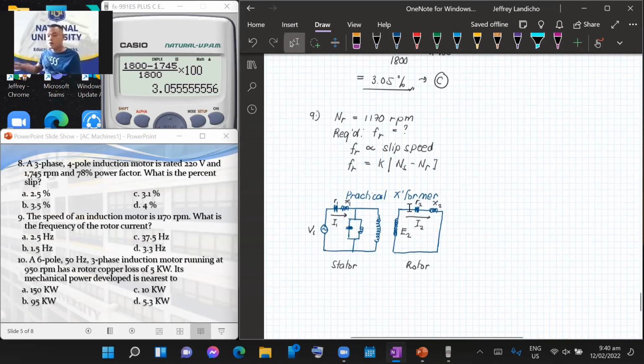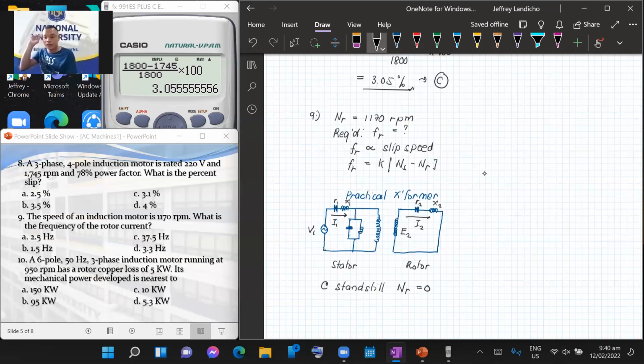So let us go back dun sa ating induction motor. Puntahan natin kung ano ang kanyang behavior. So let us consider at standstill. At standstill, ibig lang sabihin, your NR is 0.